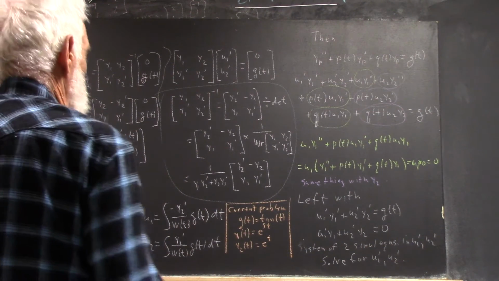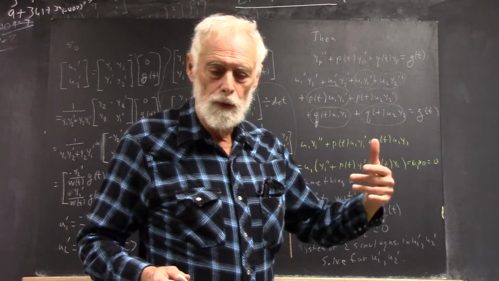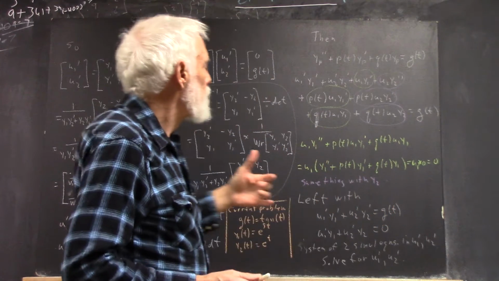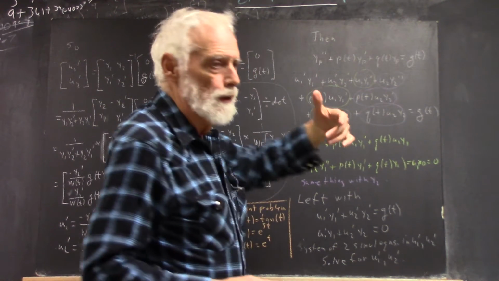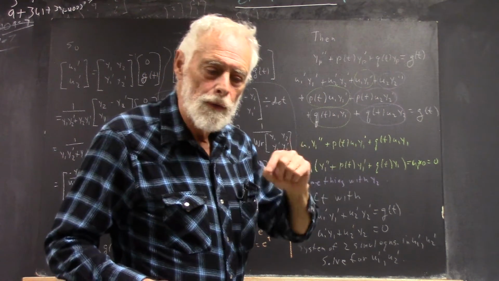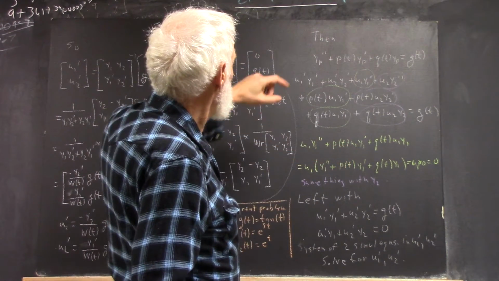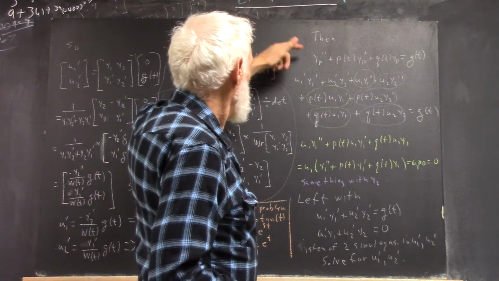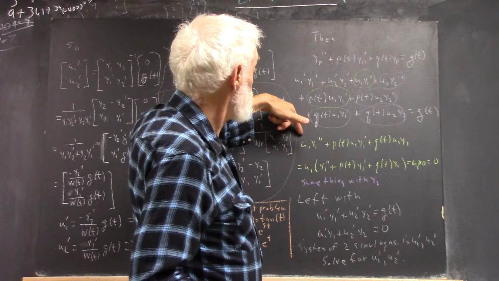We've seen that assuming a particular solution, u1 y1 plus u2 y2, and putting a condition on the first derivative of that particular solution, we can get this equation that we see here.